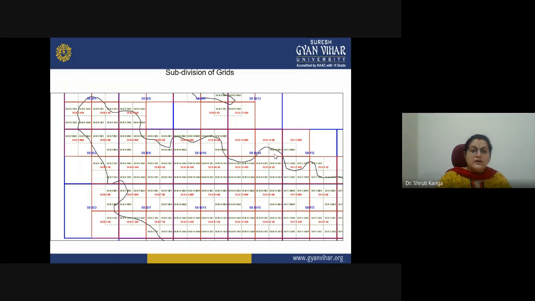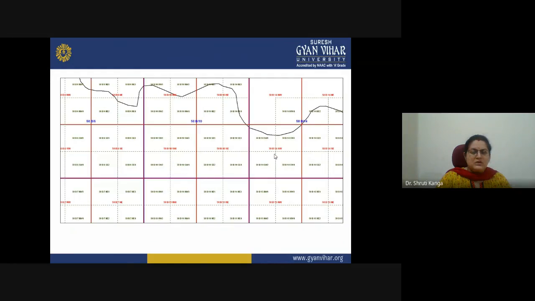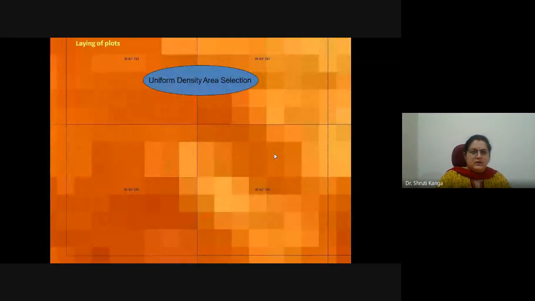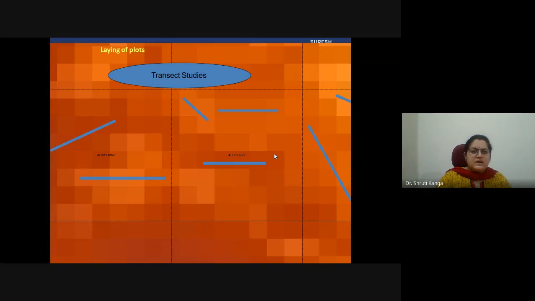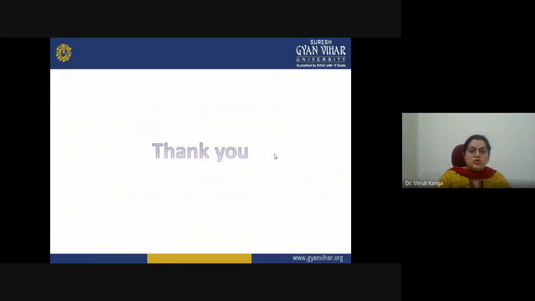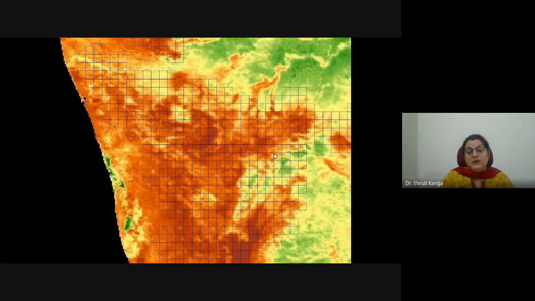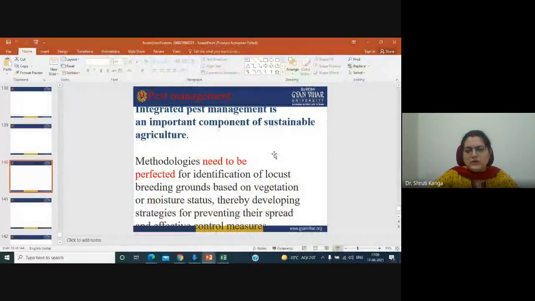These are the different subdivision level maps for which they have used different sheets. This is a record of that. Okay, then different area density statistics are also being done.